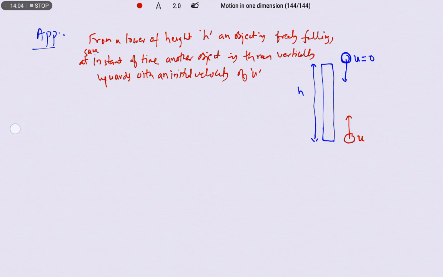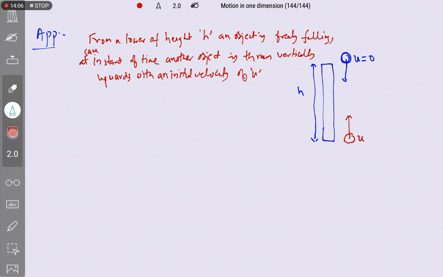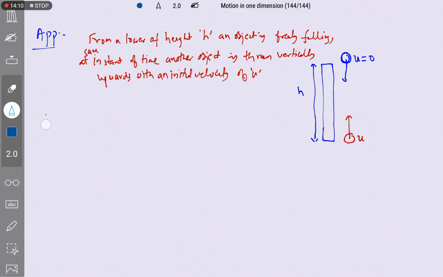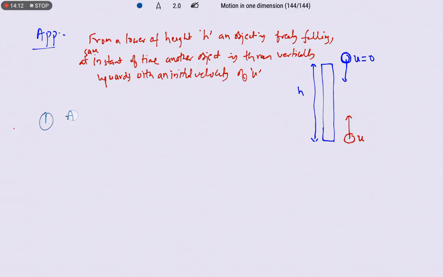So first point, after t seconds, what will be the separation between the bodies? We need to find this. Now let us see, after t seconds, this is object 1 and this is object 2.